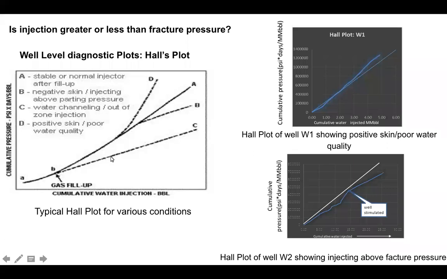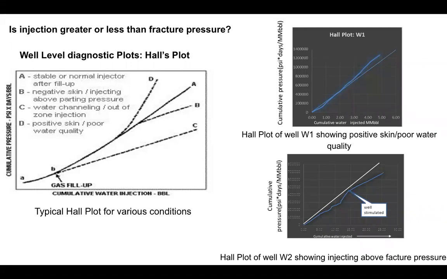Again, if your plot is horizontal, what is happening? Your cumulative pressure is not increasing, but more and more water is going into your reservoir. This is a serious case. That means it can be a case of injection at fracture pressure or higher than fracture pressure. So if you're injecting in a reservoir at or above fracture pressure, you're inducing fractures in the reservoir, and these fractures will act as conduits, and the water that you're injecting will start to get produced through your producers.